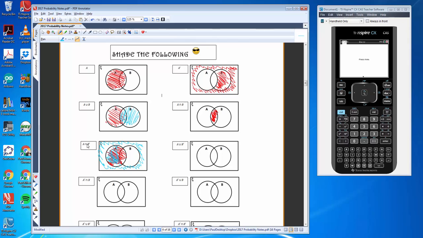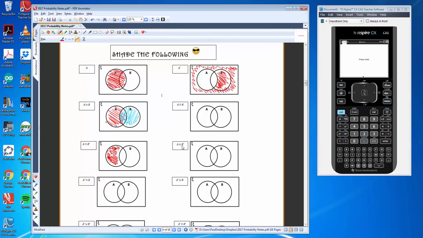So we're looking at A and not B. Well, and means shaded in both of these things here. So the only point where we've shaded twice is actually in this part here, in A only. This has been shaded once, and the intersection has been shaded once. So let's undo that and finalize our shading, which is actually A only. So A and not B is another way of just saying A only.